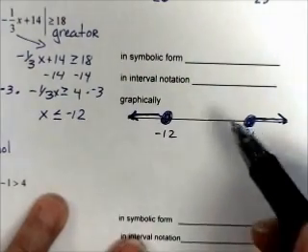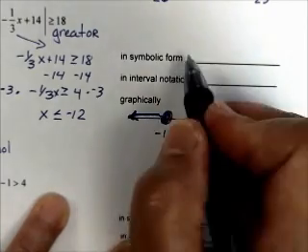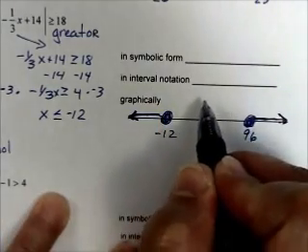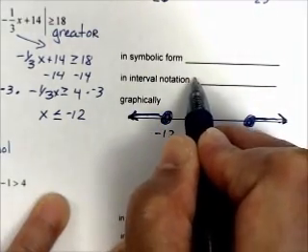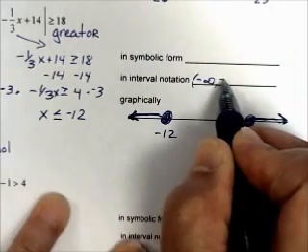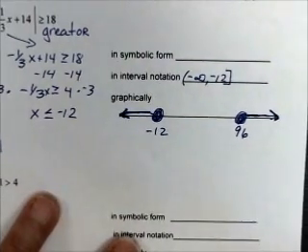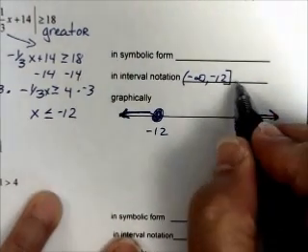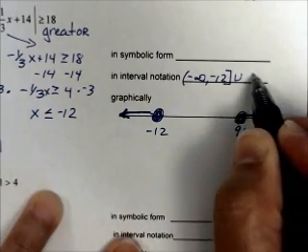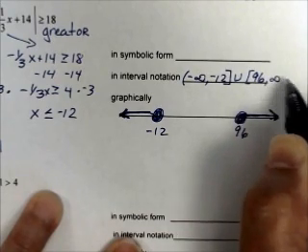In symbolic form, way out here to the left, that's our negative infinity. I'm sorry, that's interval notation. So negative infinity to negative 12, close bracket, because negative 12 is included, union with 96, close bracket, 96 to positive infinity.